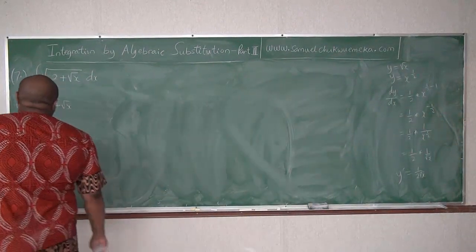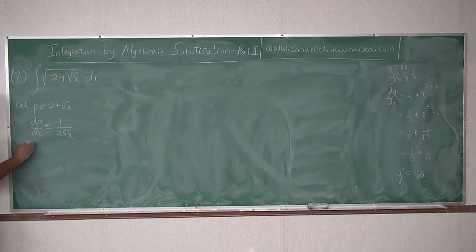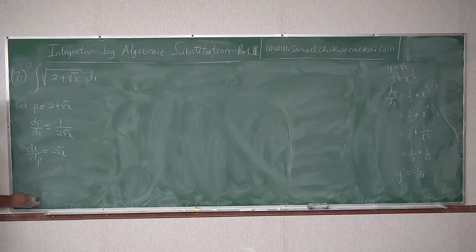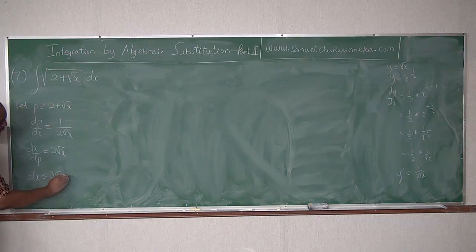So dx/dp is 2 root x over 1. This means that dx is 2 root x dp.